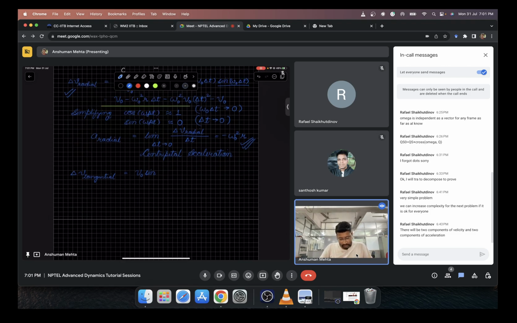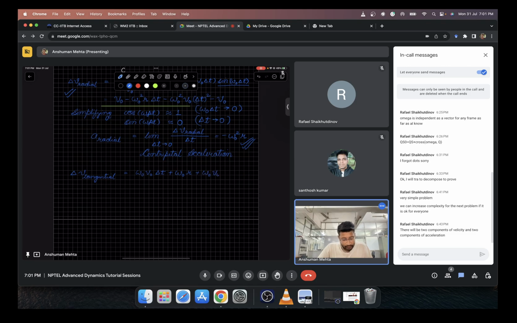Okay, so similarly we can go for v tangential, delta v tangential, and we can write the final expression of delta t. So this is the hard way which I am going.